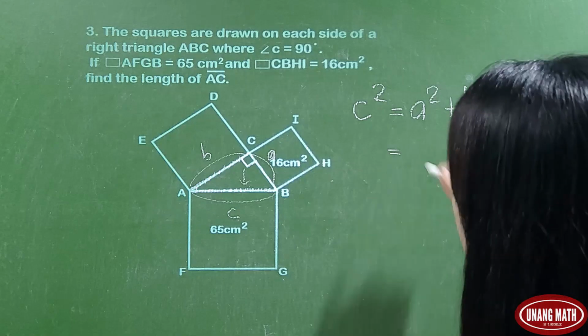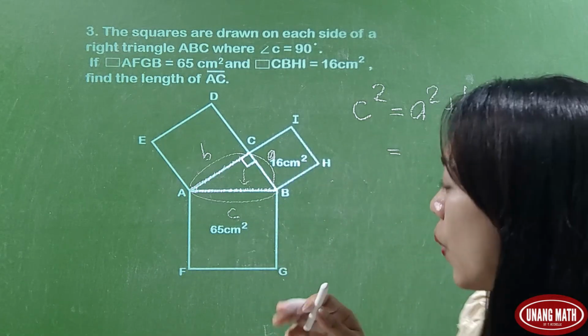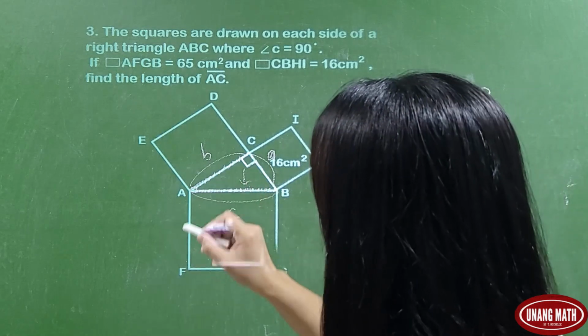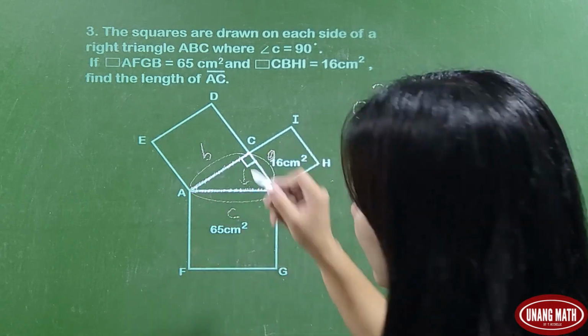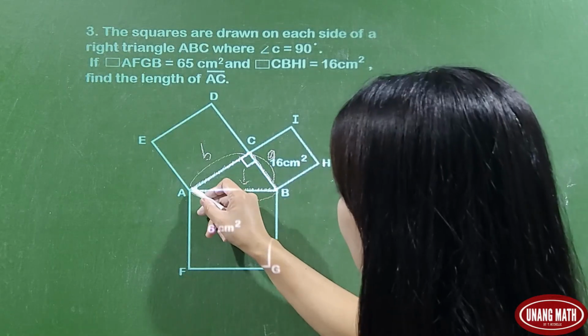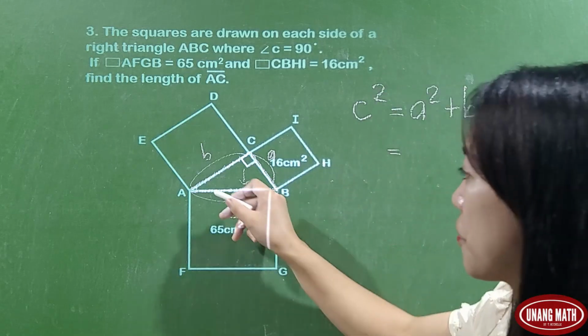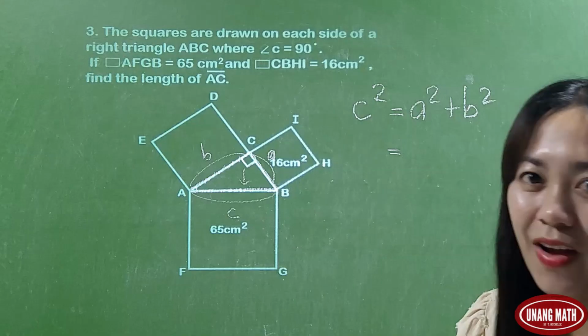Now, we actually don't know the length of this side. We also don't know the length of this side. And the length of this hypotenuse is not directly given either.